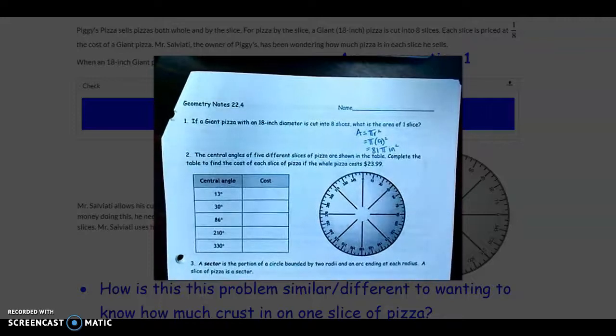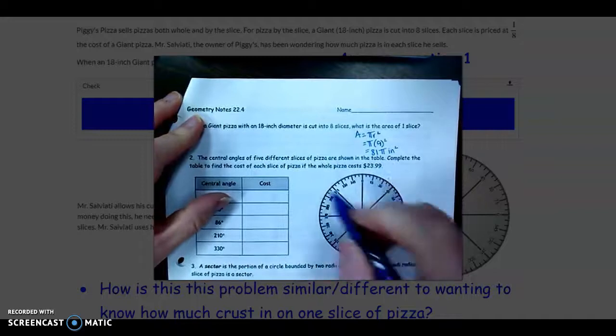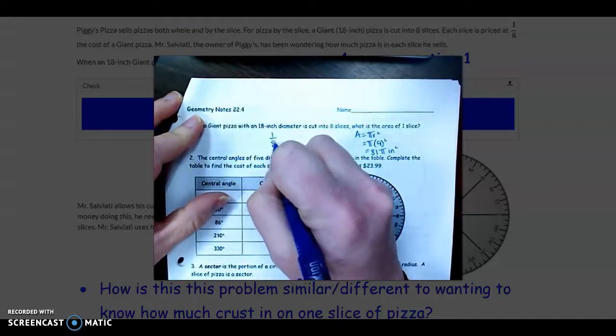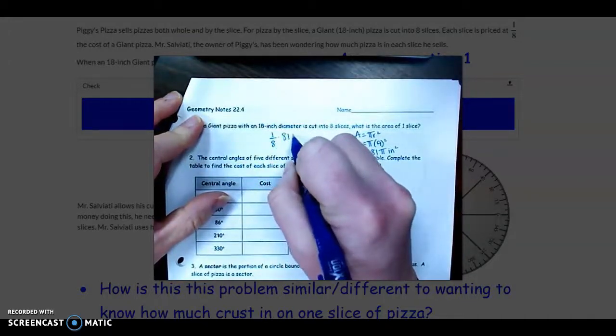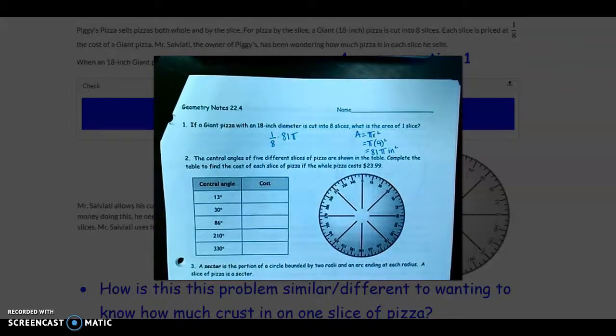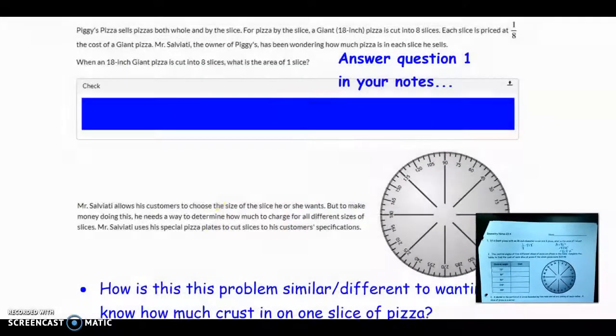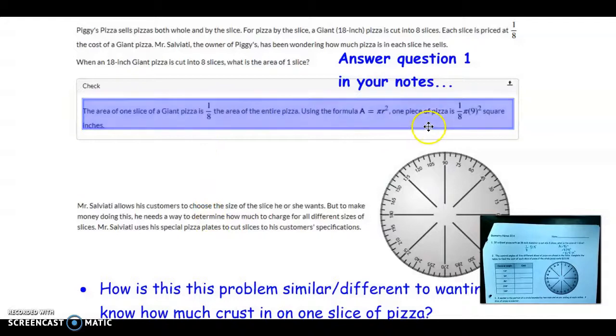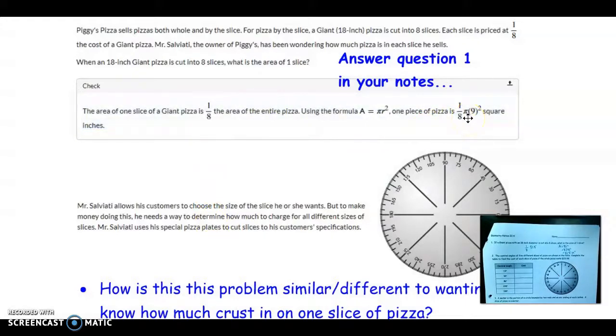So the full pizza has an area of 81 pi inches squared. But since we have cut our pizza into 8 slices, we only want an eighth of that. So we want 1/8 of that 81 pi to find out what the area of one slice is. And so we can simply write that as 81/8 pi inches squared.